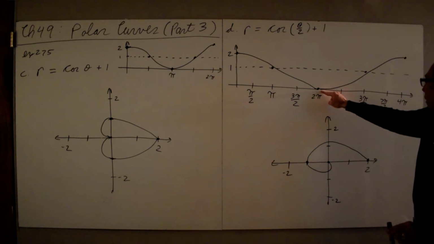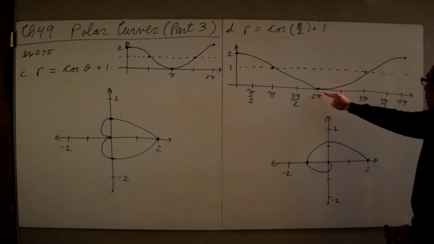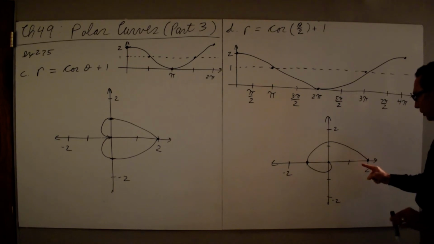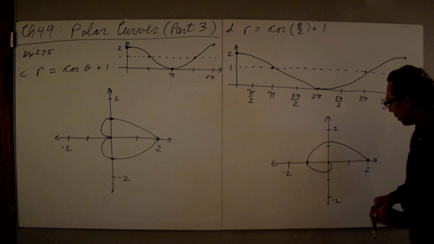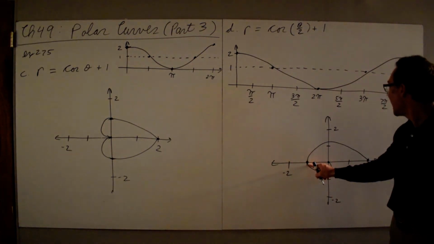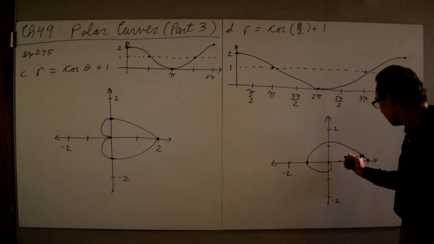From 2 pi to 3 pi, r goes from 0 to 1. So at 3 pi, which is back here, r goes to 1. And again, in between, right at 5 pi over 2, it's greater than 0.